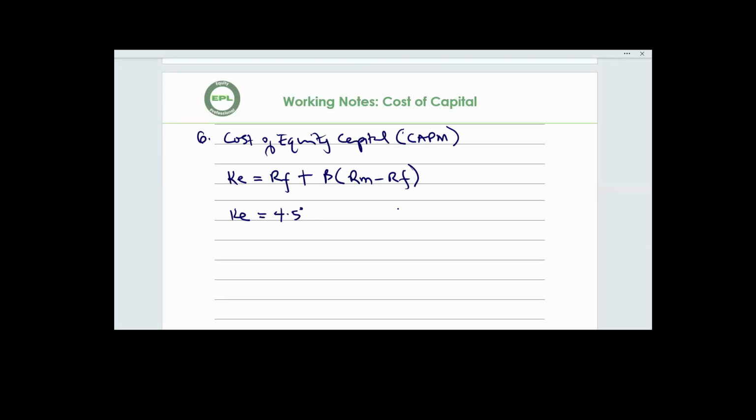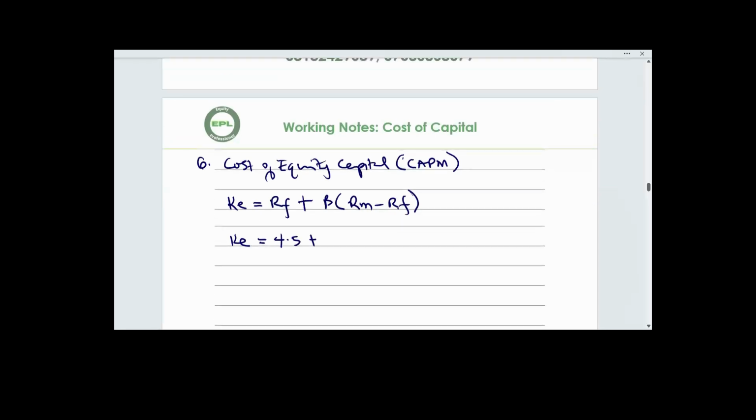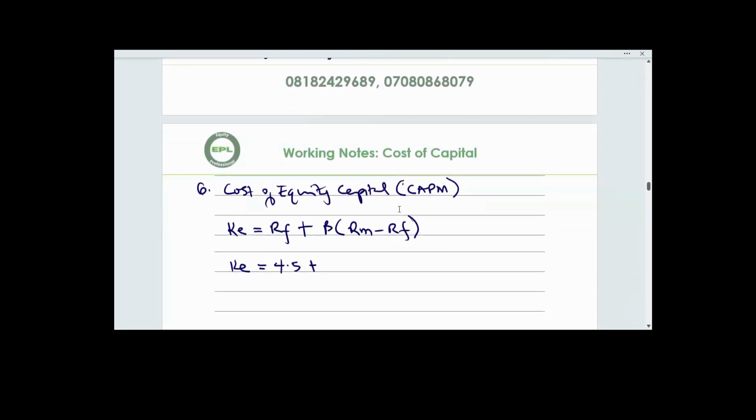Remove the percentage. 4.5 plus, then the beta we calculated in step 5 is 1.48. The risk premium examiner gave to us as 3.5. The risk premium is the difference between market return and the risk-free rate. That's the risk premium.